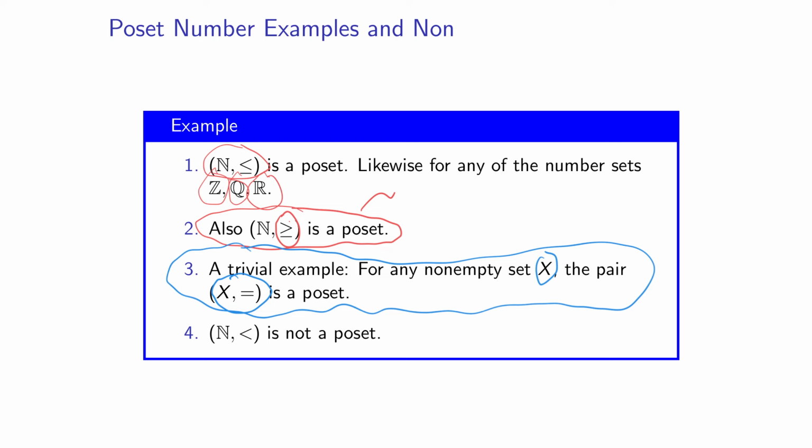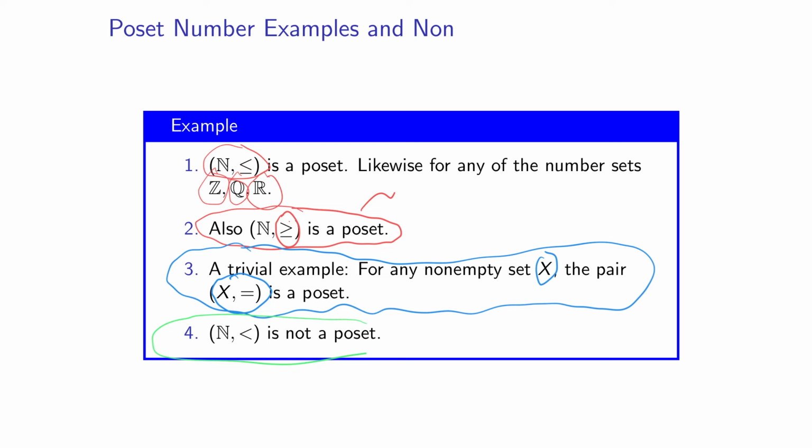But if we assume those two things hold, does it follow that A equals B? Well, yes, trivially. So it is antisymmetric. And finally, it is transitive, which you can check easily. So this also forms an example of a poset, even though it's a very strange example and not at all what we tend to imagine when we think of a poset.